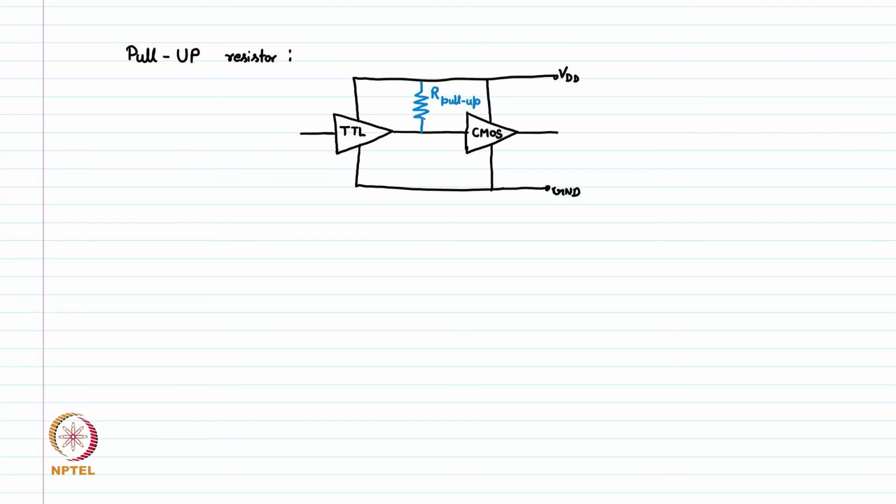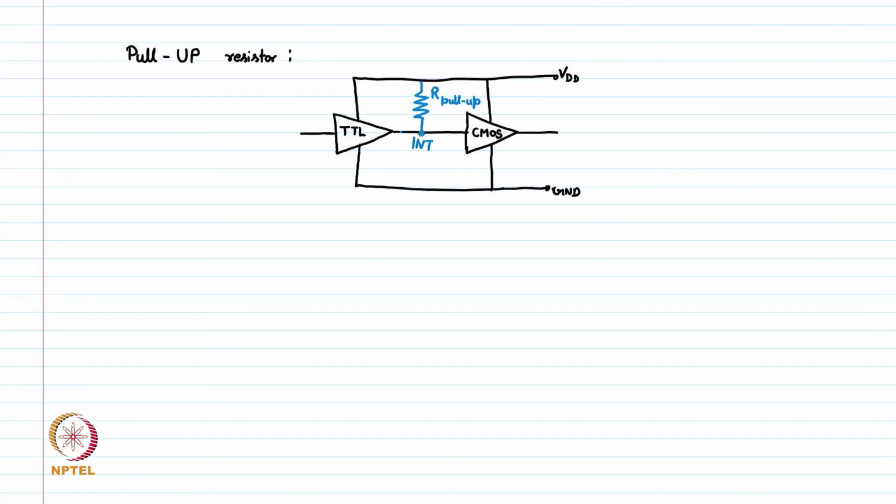This pull up resistance is put in such a way that when the intermediate node between TTL and CMOS, let us say INT, should be pulled down, the pull down network of TTL is strong enough so that this node is brought down to 0.